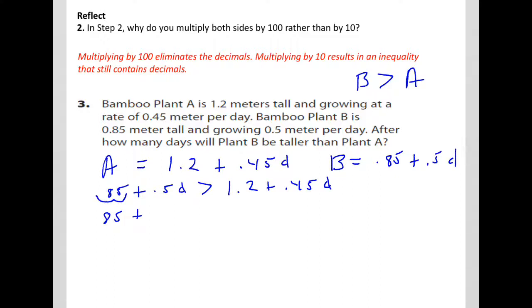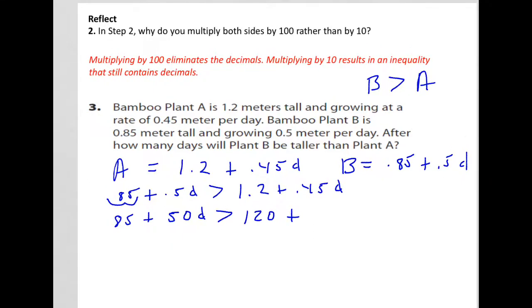That's going to give me 50D, and that's going to be greater than, again, 1.2 times 100, move my decimal places 2 times. That's going to give me 120 plus, and then 0.45. Let me go ahead and move this decimal over 2 places for us.